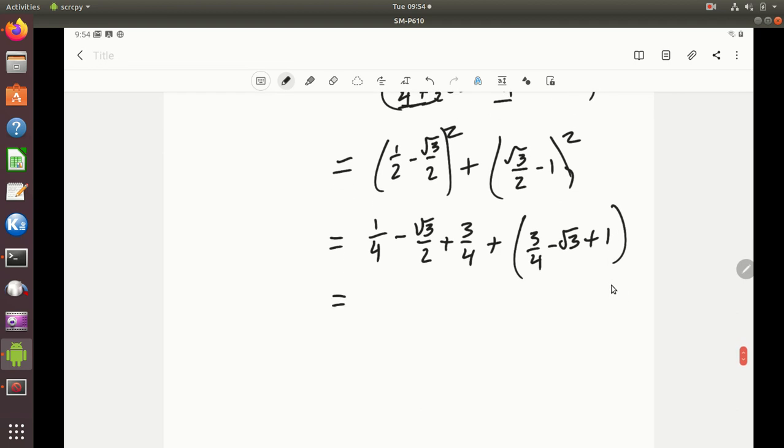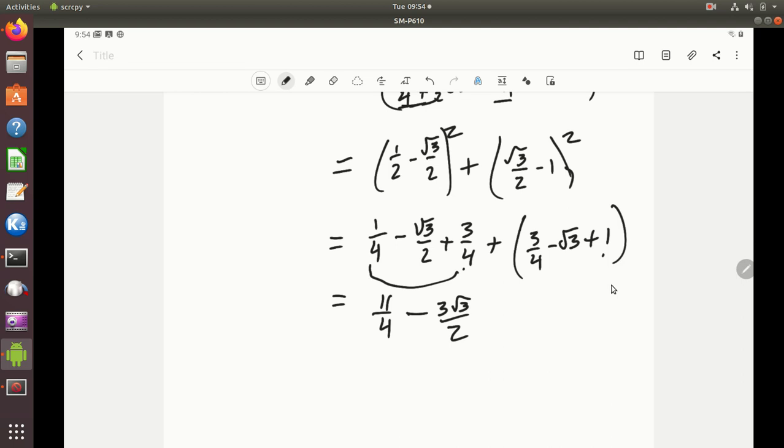Okay, so this is equal to, I got 1 here, 1 there, that's 2, 2 3/4, so that's 11/4, minus, sorry, minus 1.5, it looks like, so 3 square root of 3 over 2.